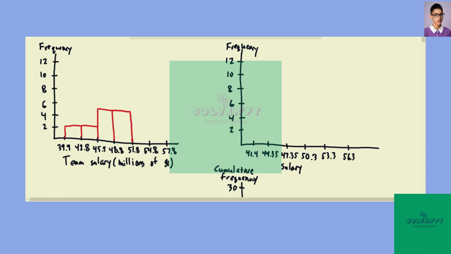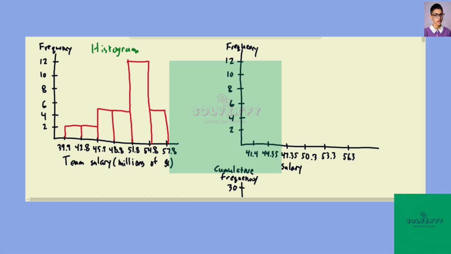Then we go up to a 12 for our next class, and the last class is a 5. And so this is our histogram. It looks like this.